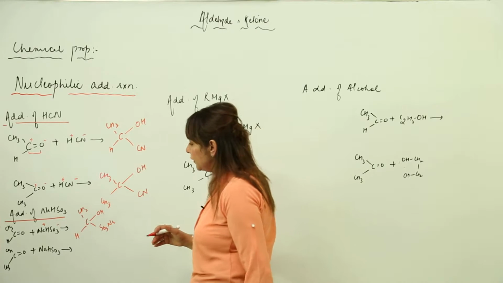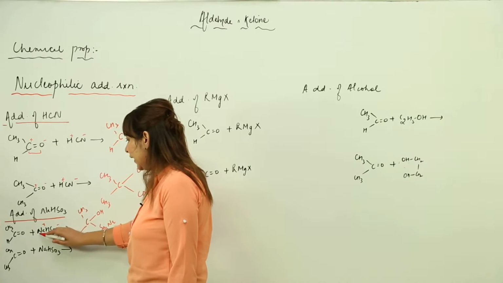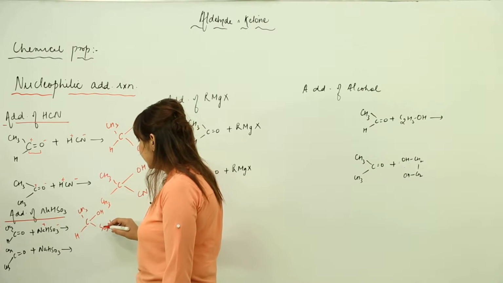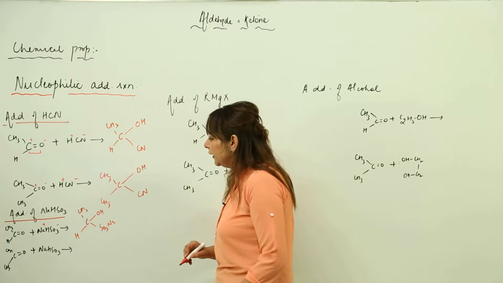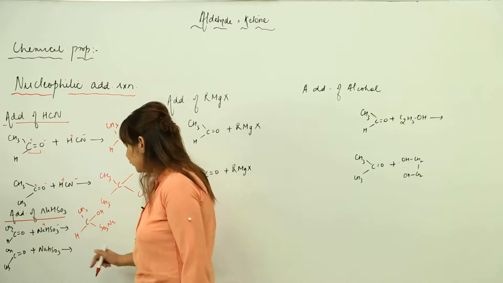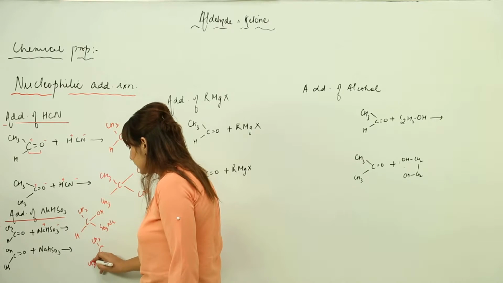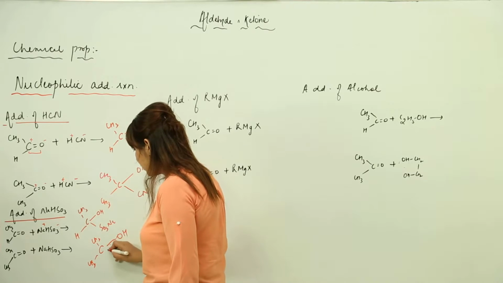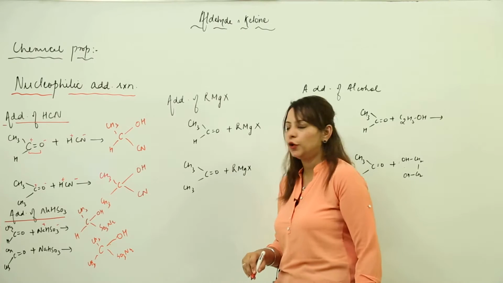When we talk of the intermediate, what actually happens is that it forms Na at one place and HSO3 at another. But later on this H and Na exchange their places and it forms OH SO3Na. Similarly, it happens in a ketone also. It remains the same and becomes OH and SO3Na. So this kind of addition product is formed in this case.